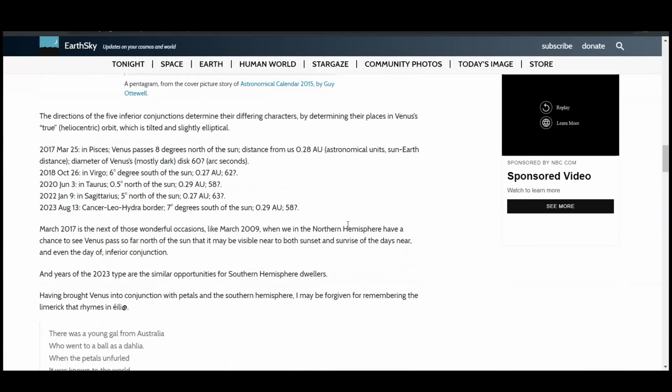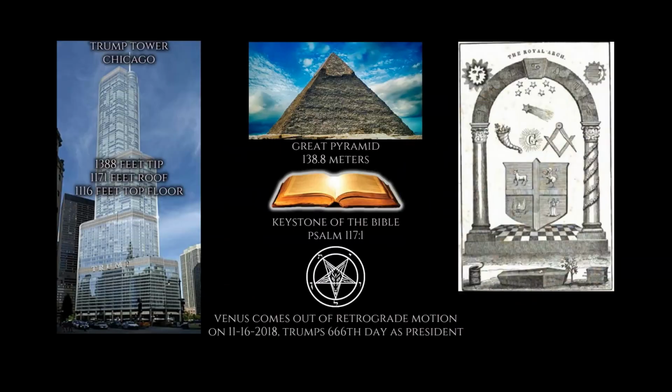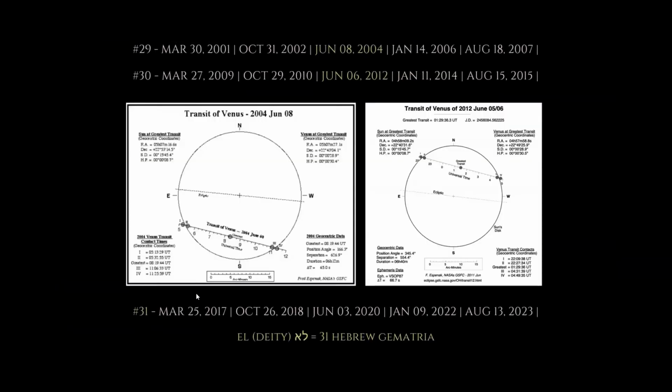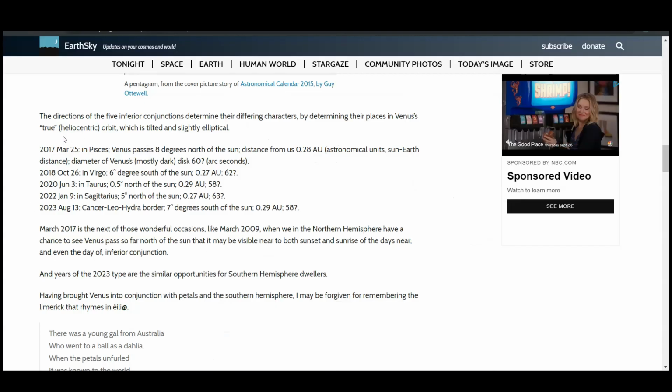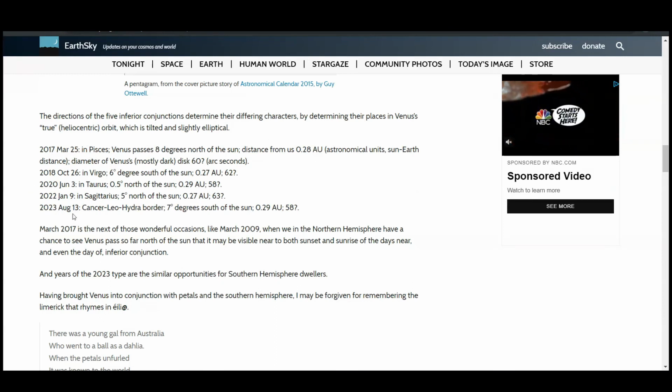But what's really interesting is that they just happen to have the last 5 dates for the 31st pentagram exactly listed on their website, starting on March 25th, 2017 through August 13th, 2023.